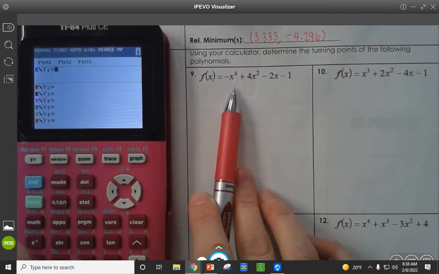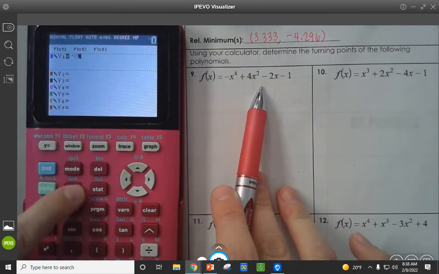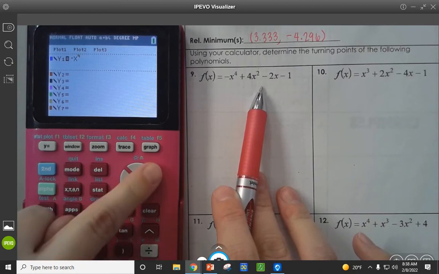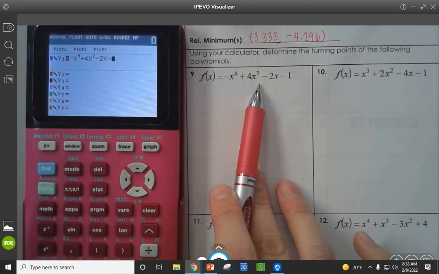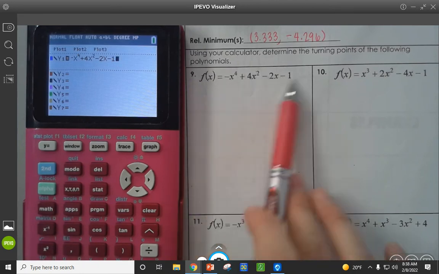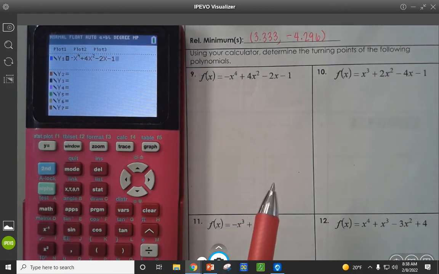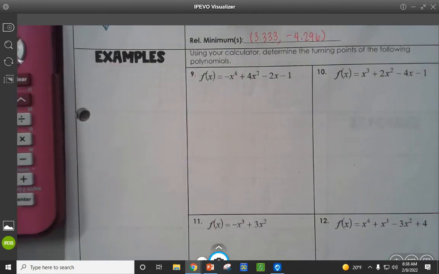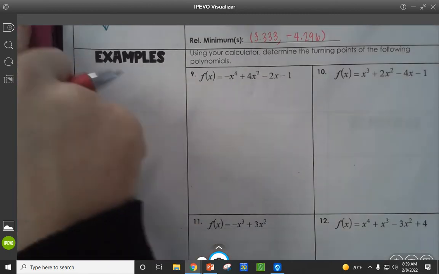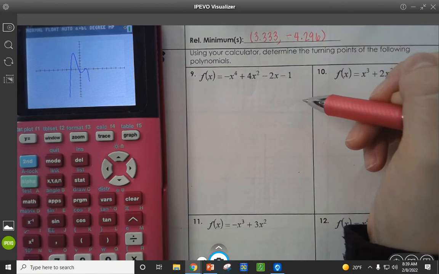So number 9, go to your y equals and type in this equation. Now I want you to just make a real small sketch of the shape of the graph.